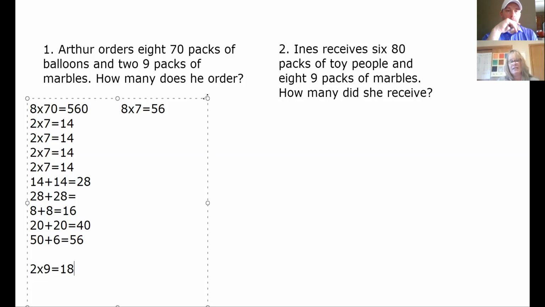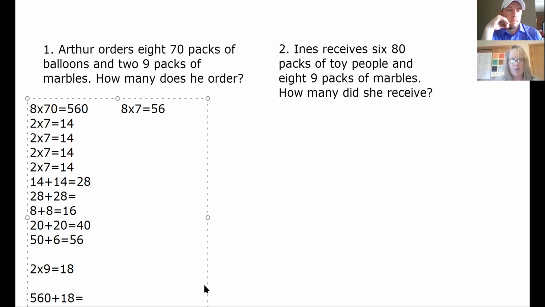Now it says how many does he order? I have to put those together. So I have 560 plus 18 equals. Well, I can visualize this right here. Uh-oh. I need to go back to the whiteboard. Okay.